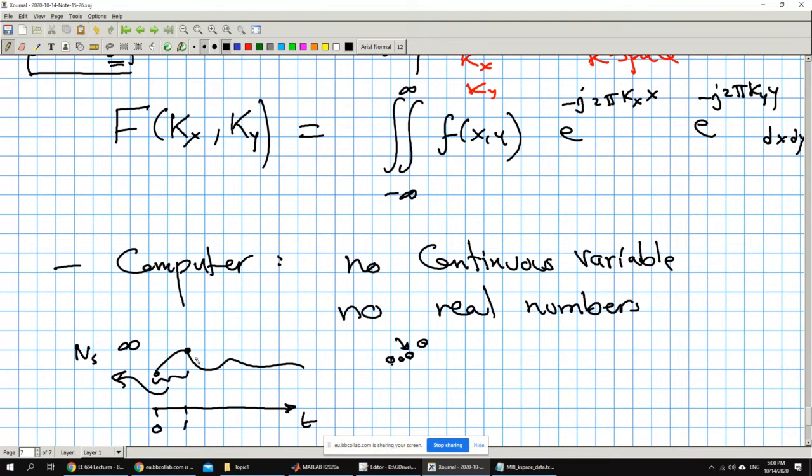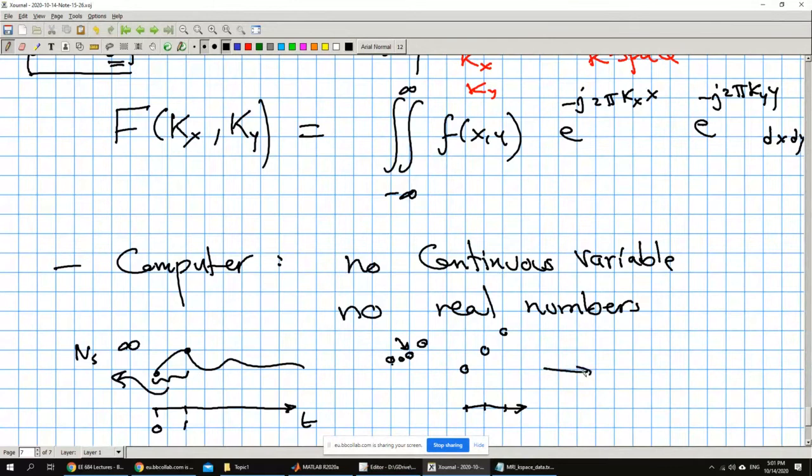Another problem is that even if you decide to take samples instead of taking all the points, say I'm just going to take this point, this point, this point, you just take 3 points.